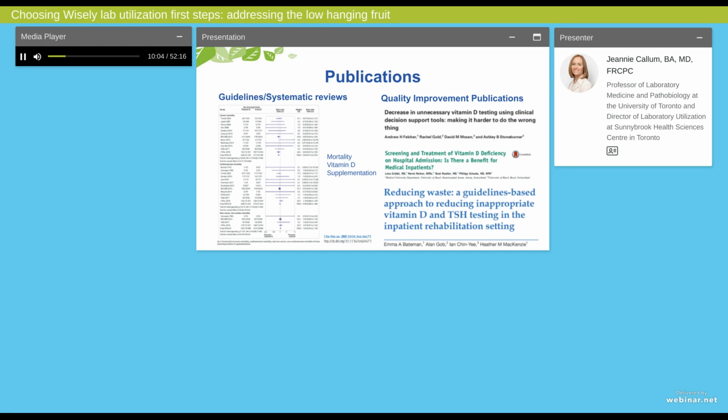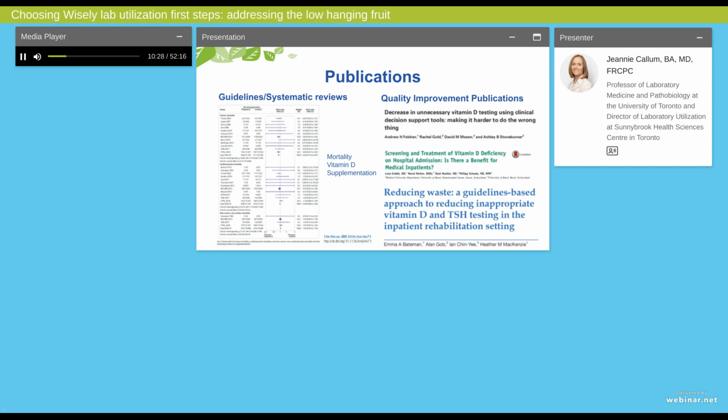When we went to look at fixing the vitamin D, it was clear that vitamin D supplementation, let's not even talk about testing yet, but just taking vitamin D supplements, has really never been proved to change any outcome. And you can go to the systematic reviews and, boy, that's surprising. It doesn't change fracture rates. It doesn't change mobility issues in elderly people.